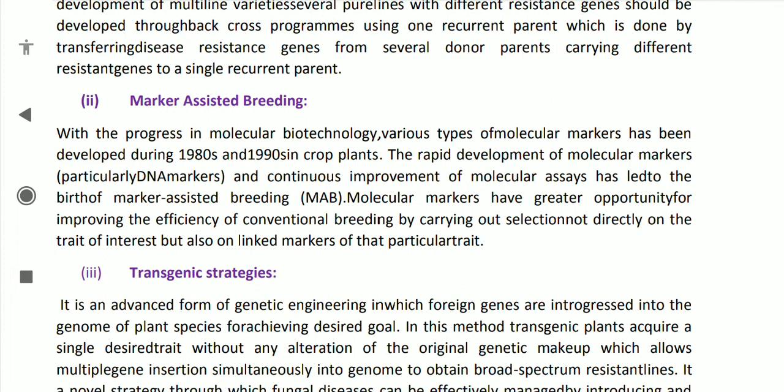Molecular markers have greater opportunity for improving the efficiency of conventional breeding by carrying out selection not directly on the trait of interest but on markers linked to that particular trait.